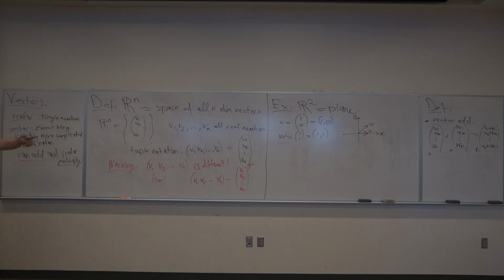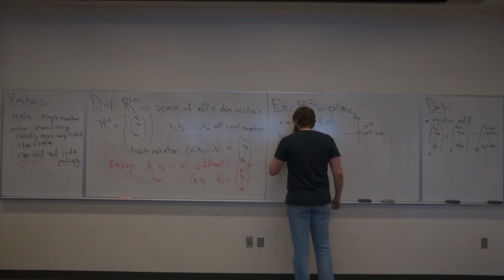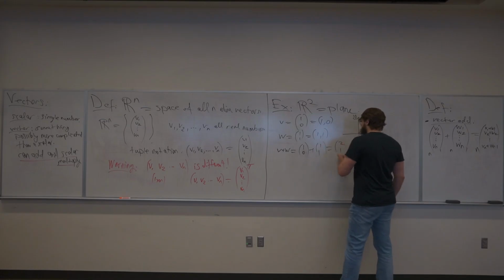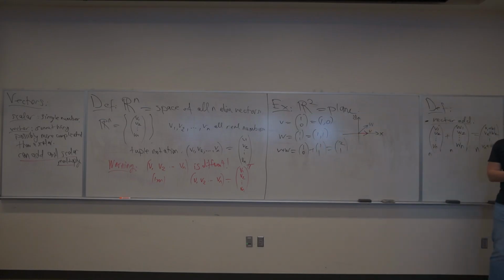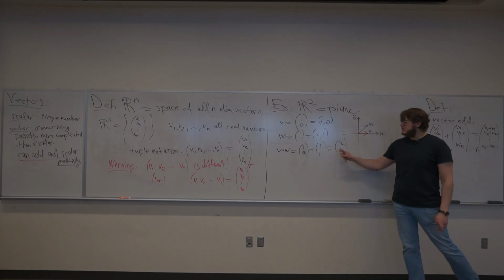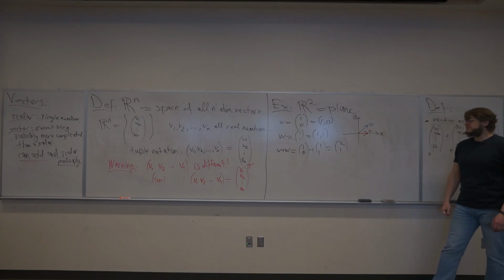So for instance, if I were to add these two things, (1, 0) plus (1, 1) is (2, 1). Why do we do this? There are multiple reasons. One of them is somehow this addition, which is purely algebraic, as you can imagine, matches with the following intuition that comes from geometry.